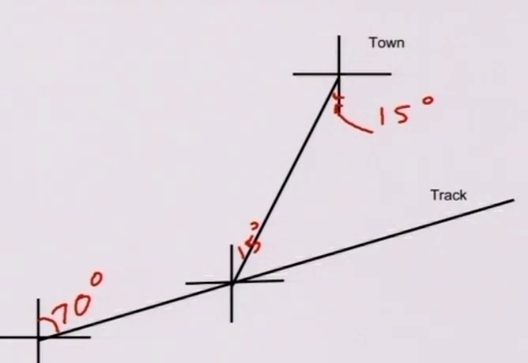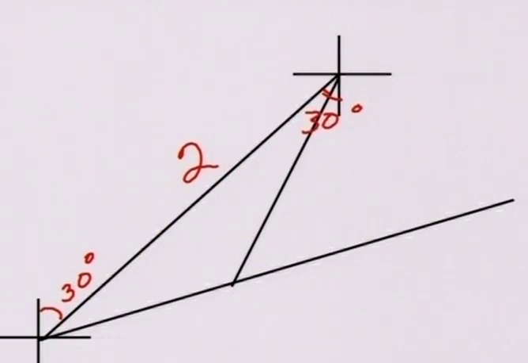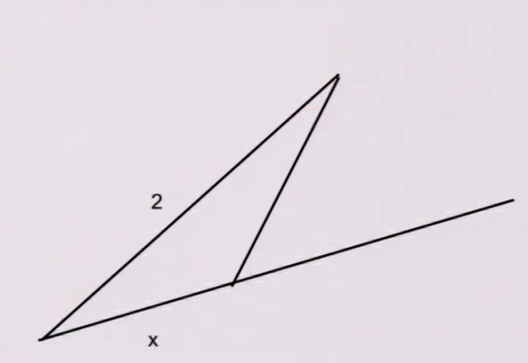So if that little part of the angle is 15 degrees, and the entire angle is 30 degrees, then that means the angle inside the triangle there is also 15 degrees. So I'm going to label one of my angles inside this triangle as 15 degrees. So I have a triangle now, and I know that we've got a 15-degree angle.